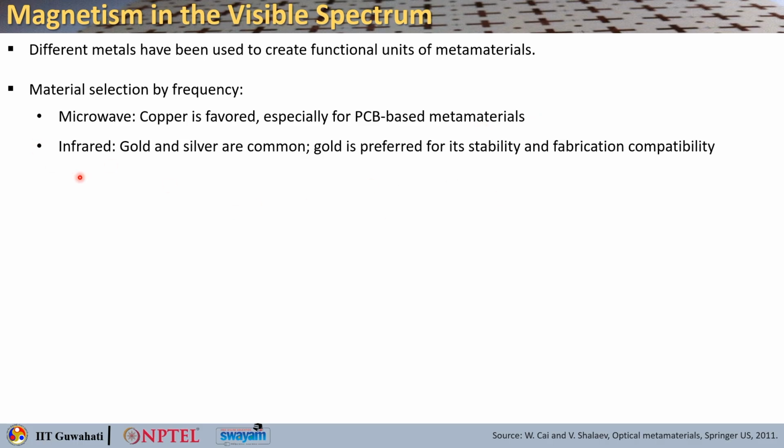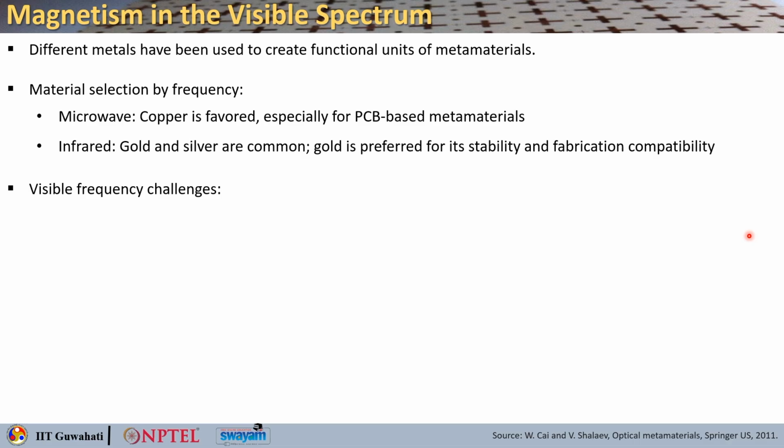However, for the infrared band of the optical frequencies, both gold and silver structures are routinely used, of which gold is typically preferred owing to better performance in various nanofabrication techniques, and also it is more stable against environmental degradation such as oxidation.